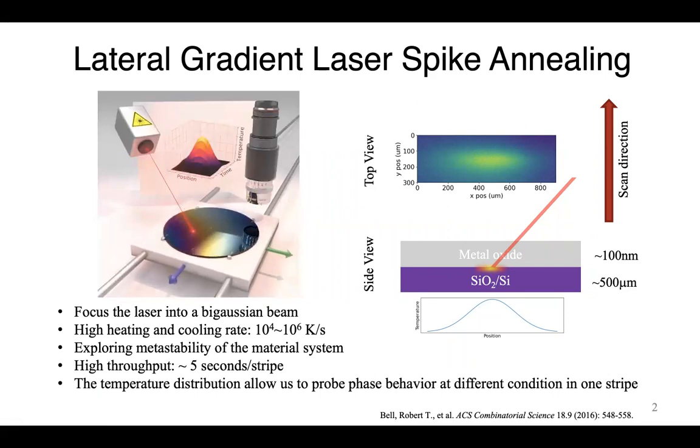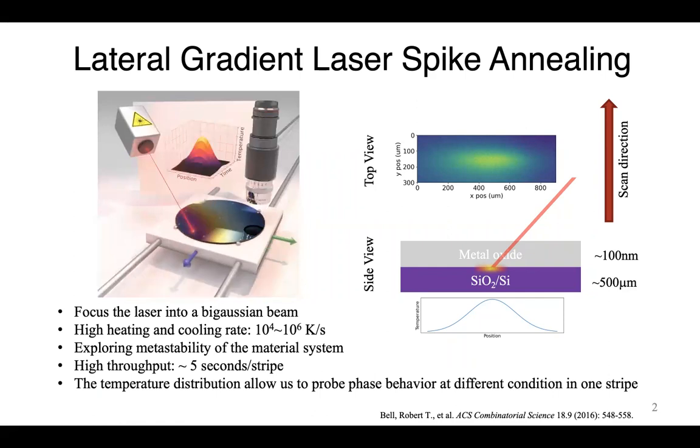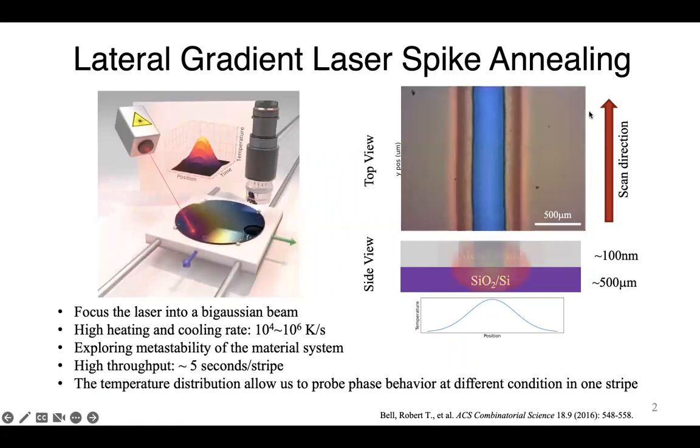We shine this high power beam onto our sample, which has metal oxide thin films deposited on silicon wafers. As the stage moves away, the heat gradually heats up the silicon wafer, and the heat is conducted to the thin films, and hopefully it will transform the amorphous film into something crystalline.